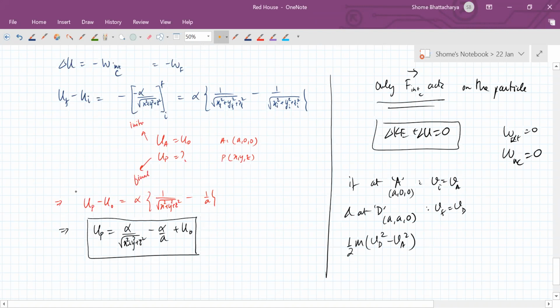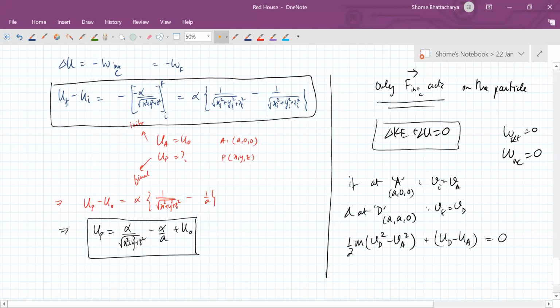plus you can see, this is the formula for delta U. So potential energy at D minus potential energy at A should be zero. So now we'll just use this formula for the change in potential energy. Now we won't use the expression of potential energy.